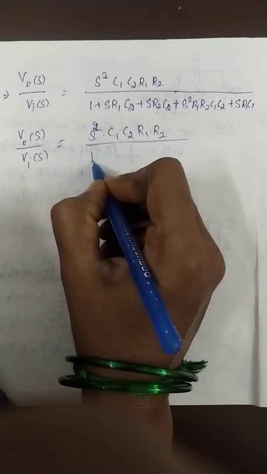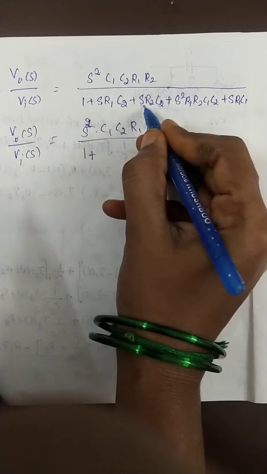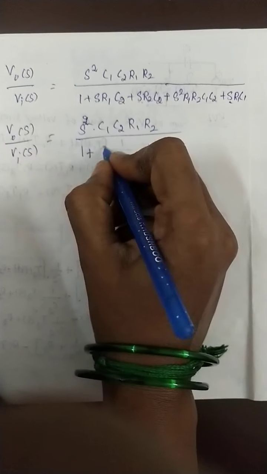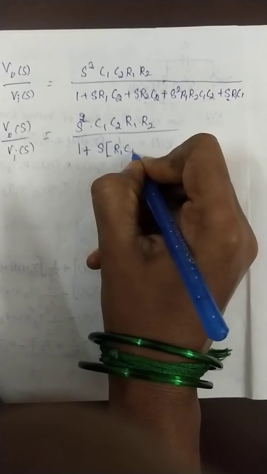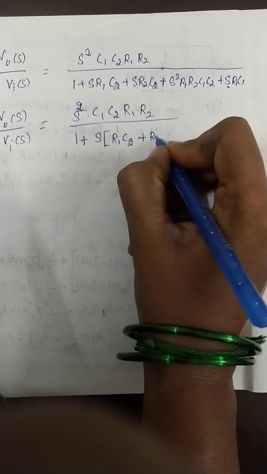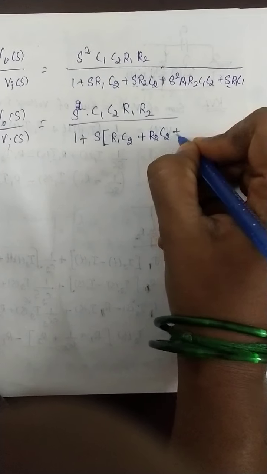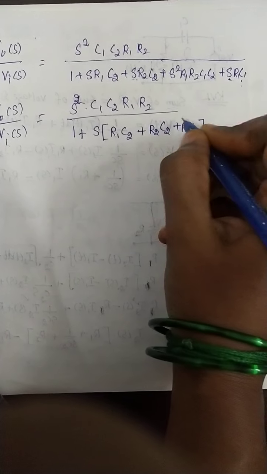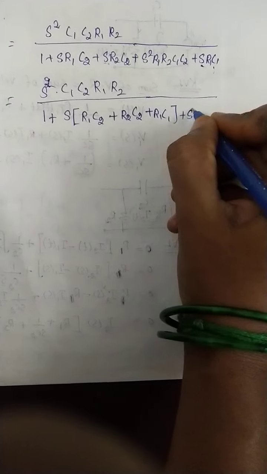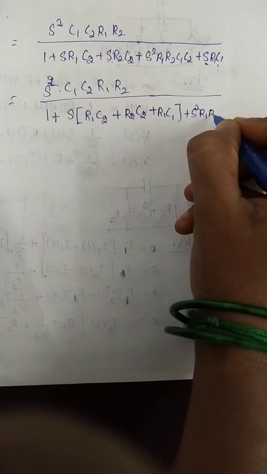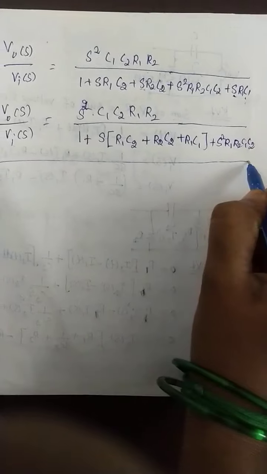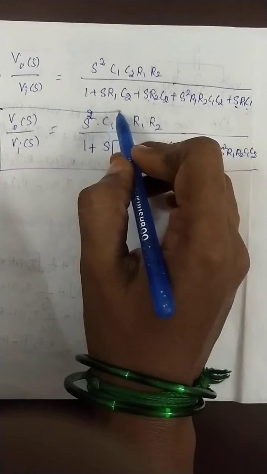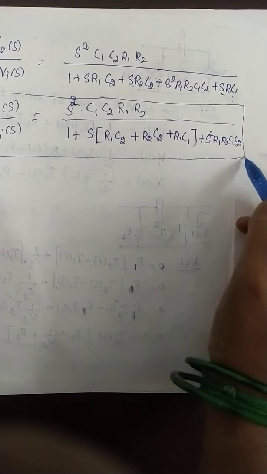So divide by 1 plus, here S is common to this. So S is common, so R1 C2 plus R2 C2 plus R1 C1 plus S squared R1 R2 C1 C2. So that is the overall transfer function of the given electrical system. Okay, thank you.